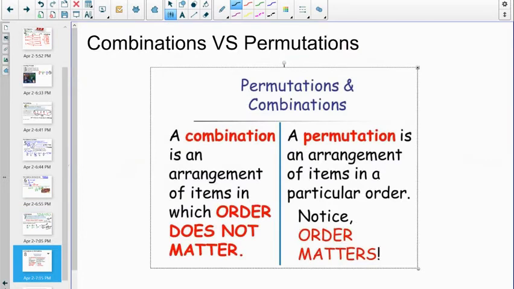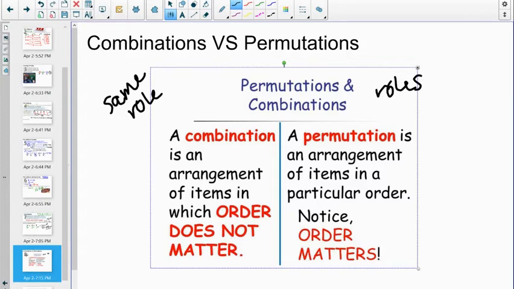Now how do you pick between the two? Remember, combinations are if they have the same ranking or position, so the same role. And permutations are if they have different roles, like president, VP, treasurer, or if one was coming in first, second, or third.